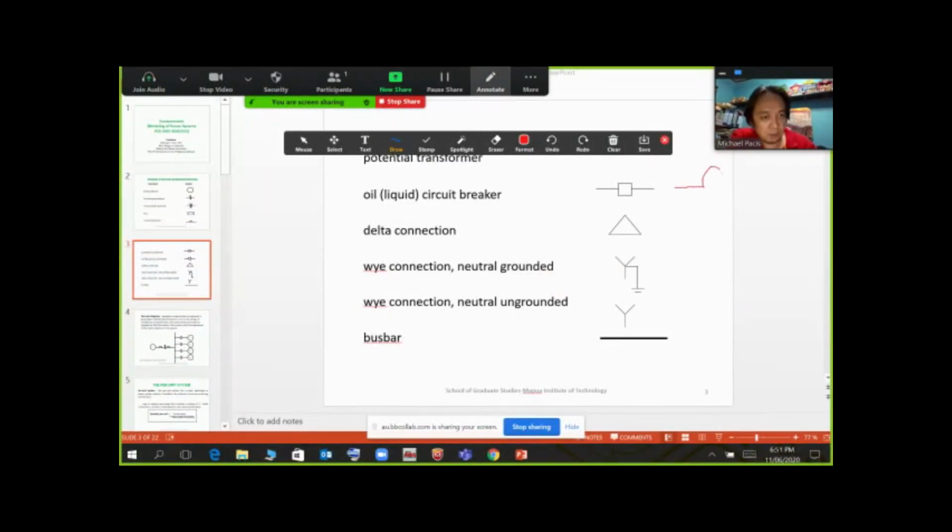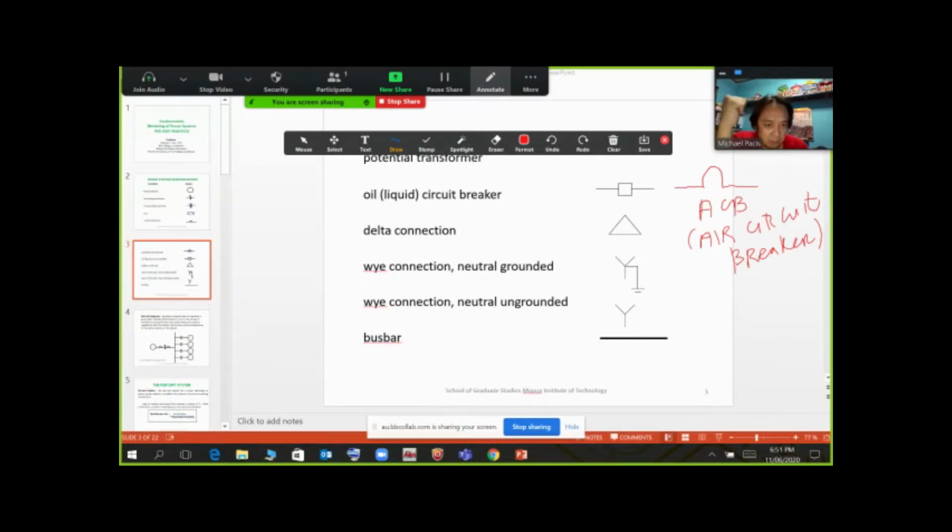Also, another type of breaker is an ACB. So ACB means an air circuit breaker. Okay, it's like a hump in a road. Okay, so it is an air circuit breaker.